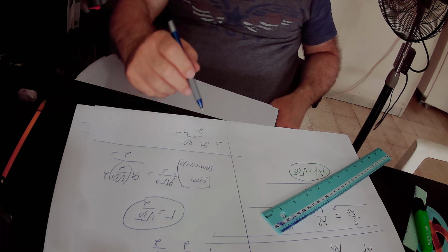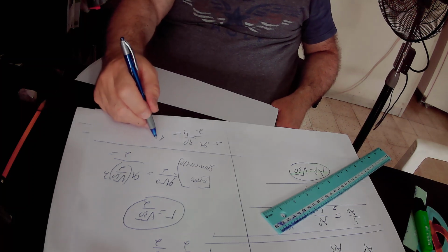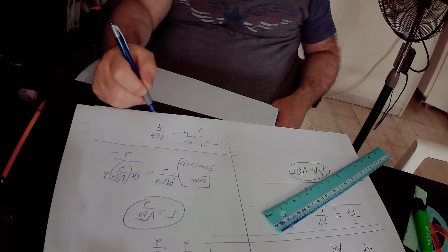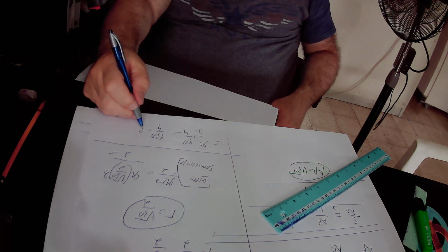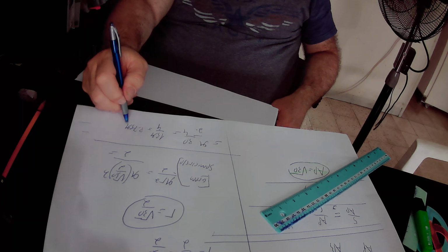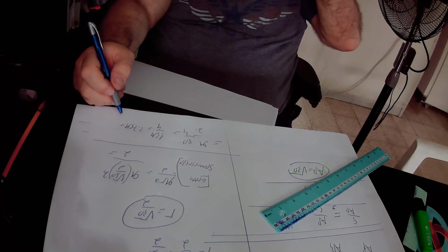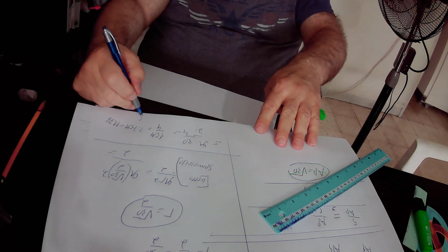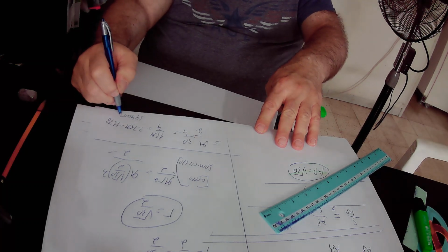So in total this expression will be equal to 15 pi over 4 square units. Or it is 3.75 pi square units. And in terms of numbers, it is equal to 11.78 square units.